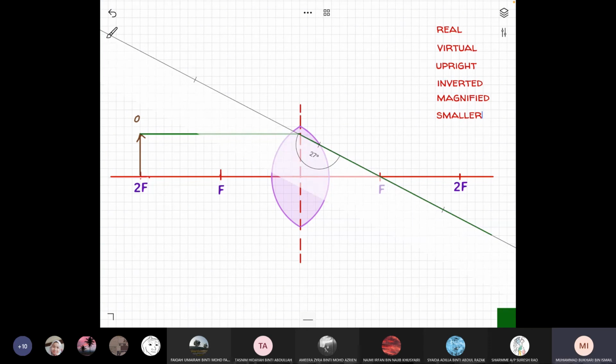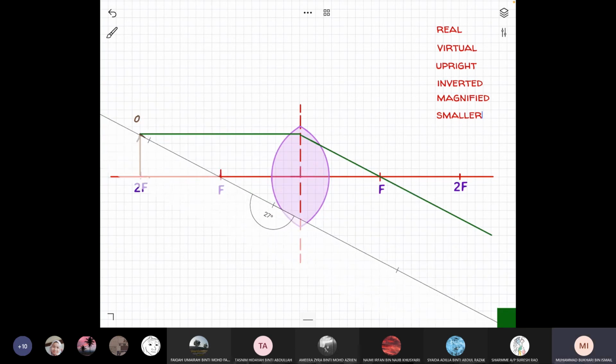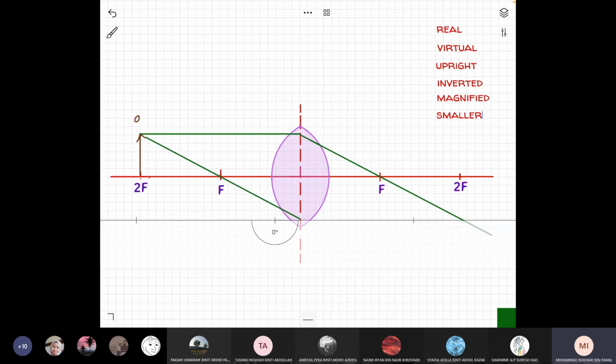And the third rule is when light passes through the focal point, it will be refracted by the lens parallel to the principal axis.